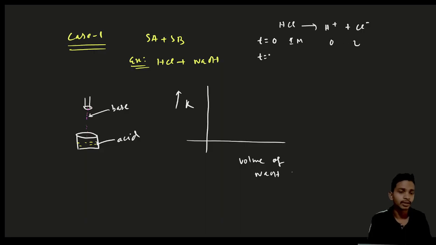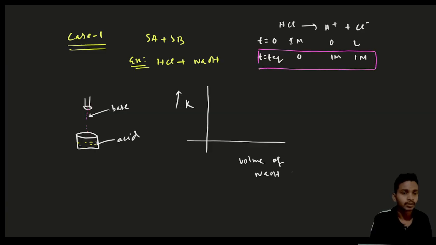At t equal to t equilibrium, it is completely dissociated. So the acid is completely dissociated, and in the solution H plus and Cl minus are present.